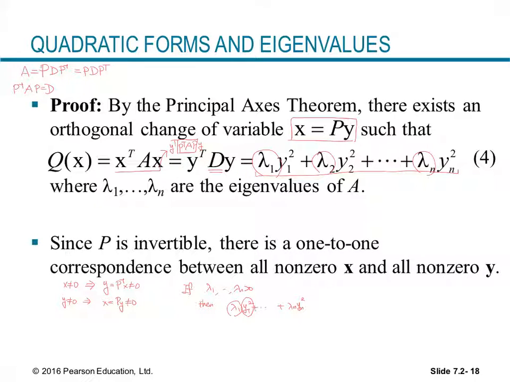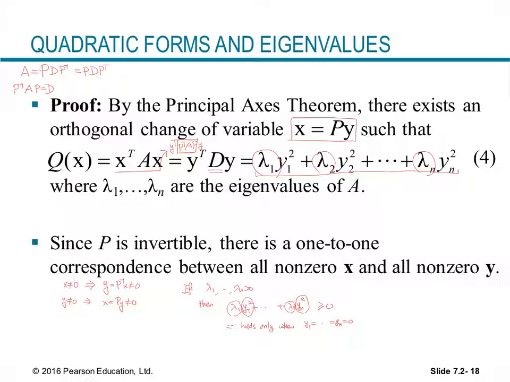Lambda 2 is positive, y2 squared is non-negative, lambda n is positive, yn squared is non-negative, so their sum will be non-negative, and this 0 is obtained only when y1 up to yn are all zeros.